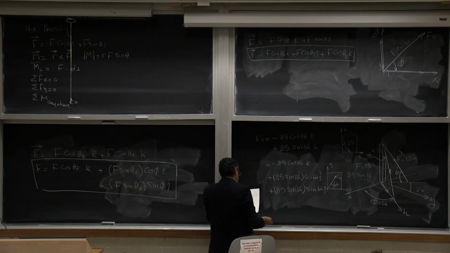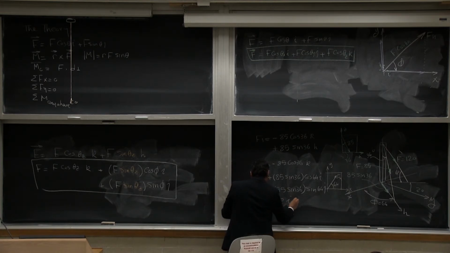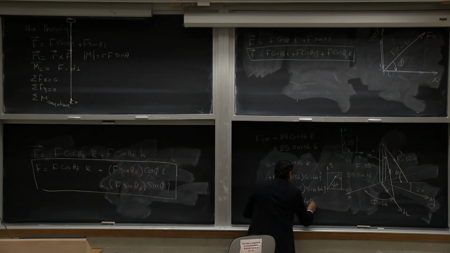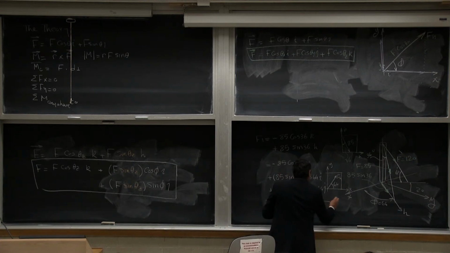According to me, this gives you 22i plus 45j minus 69k.